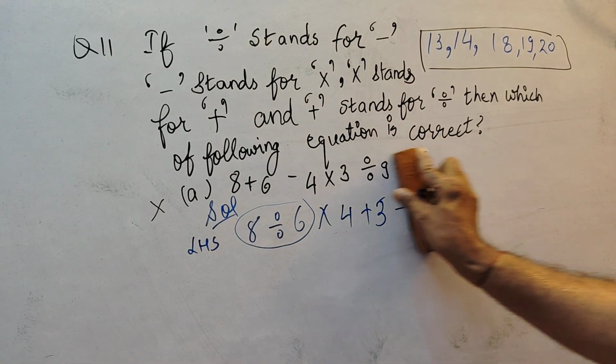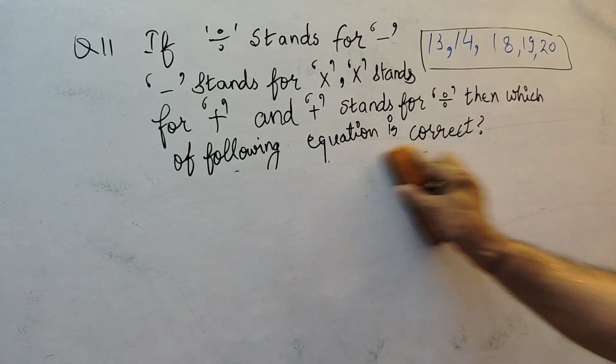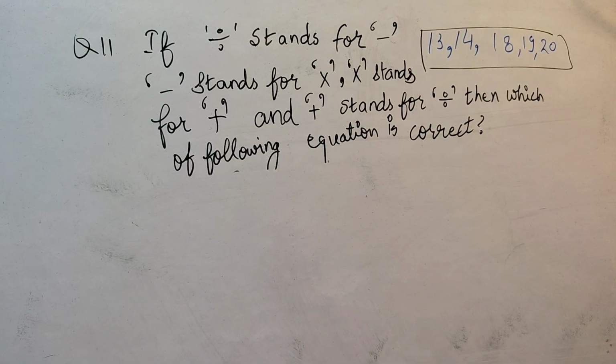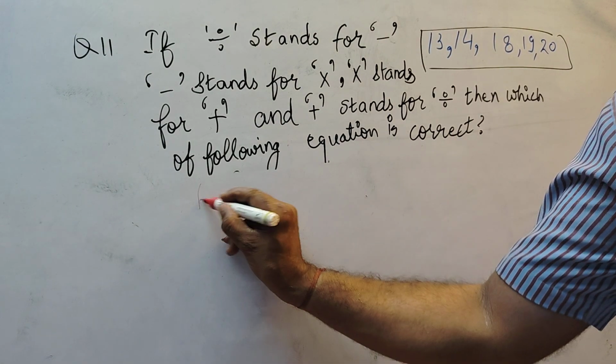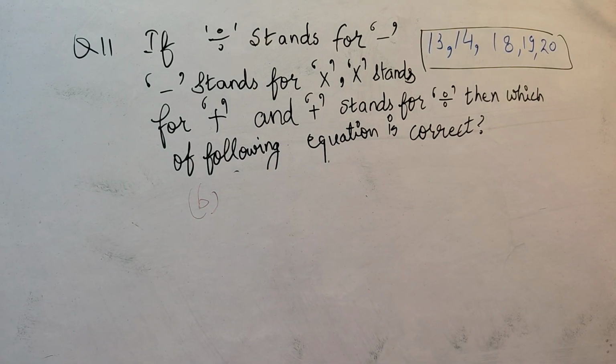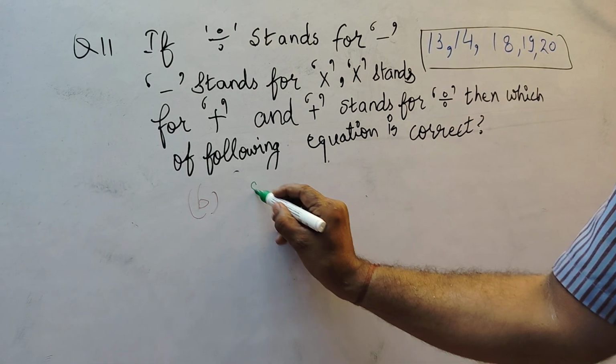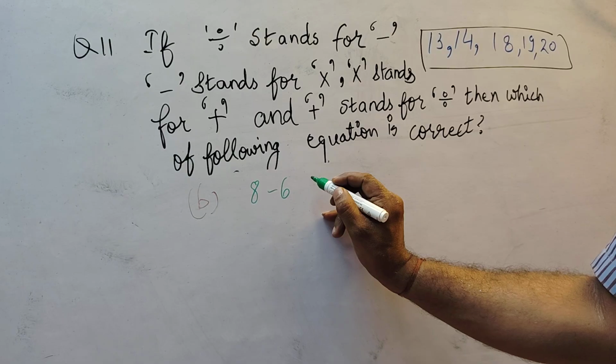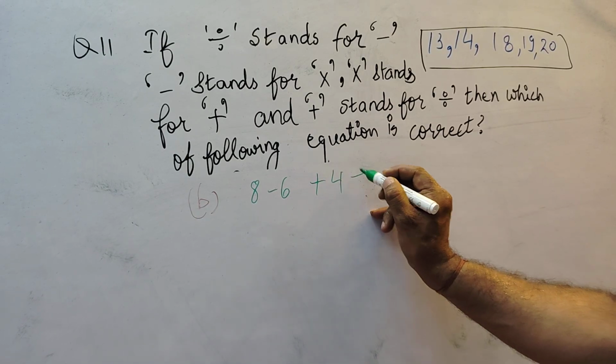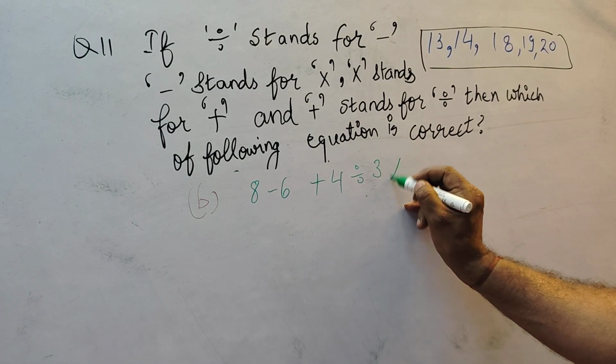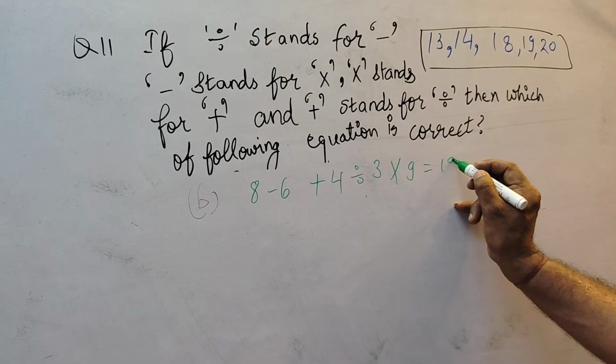Come to option B. Option B is 8 minus 6 plus 4 divide 3 multiply 9 equal to 18.